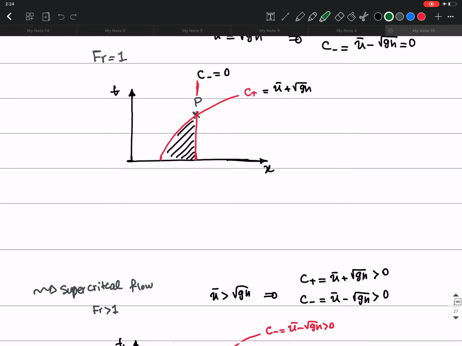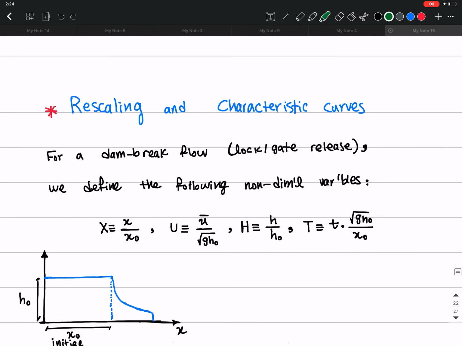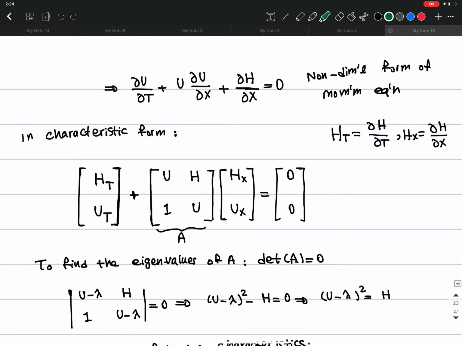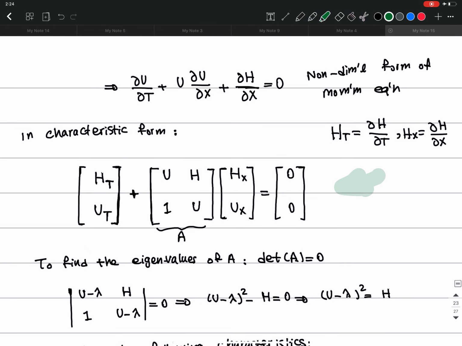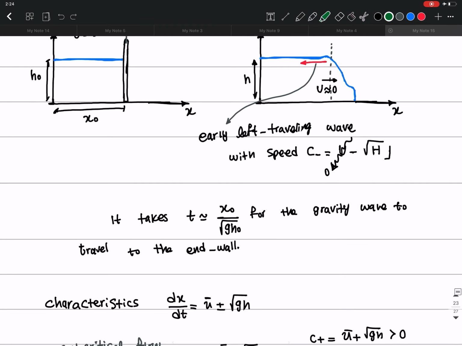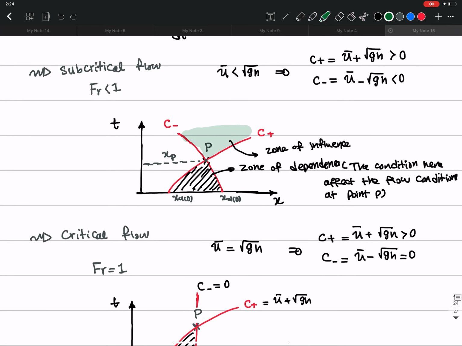Okay, so in this session, just to recap, we started with rescaling these shallow water equations. So we got a simpler form of that, which is shown here. And then we found the characteristic curves of this. Using this characteristic method, we can gain some insights into the analytics of this.